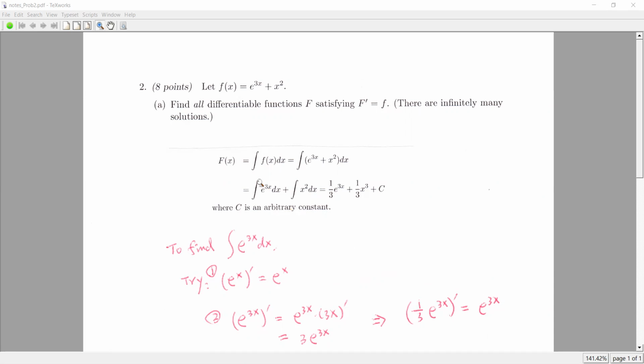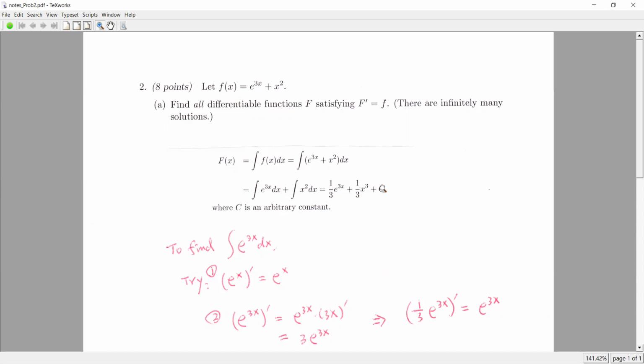So this integral is equal to this. X squared antiderivative is 1 over 3 times x to the third. If you take derivative on this guy, then the derivative is x squared. Don't forget to add an arbitrary constant c.